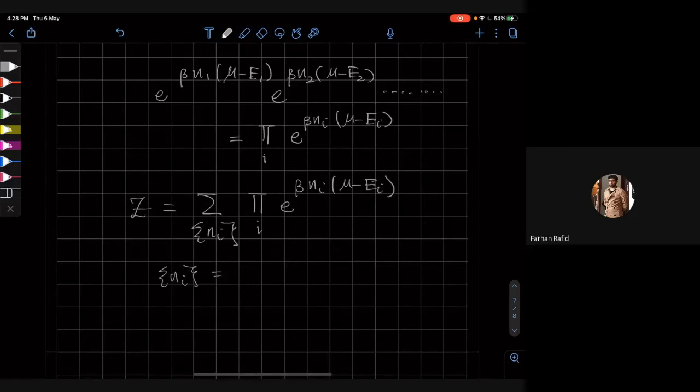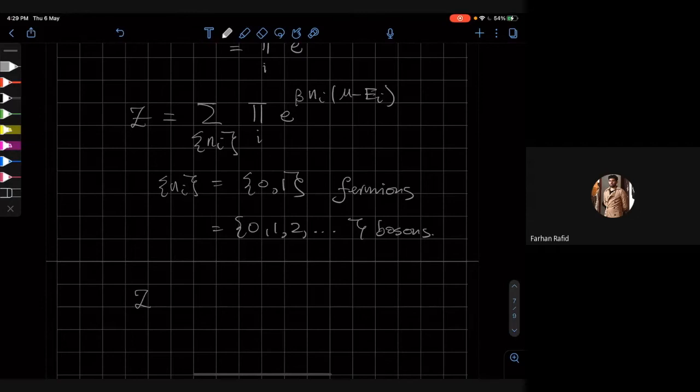So N_i can be either 0 or 1 for fermions, or it's any positive integer for bosons. Because these two things are independent, we can exchange the order. And then inside, all we have is the same thing as before.